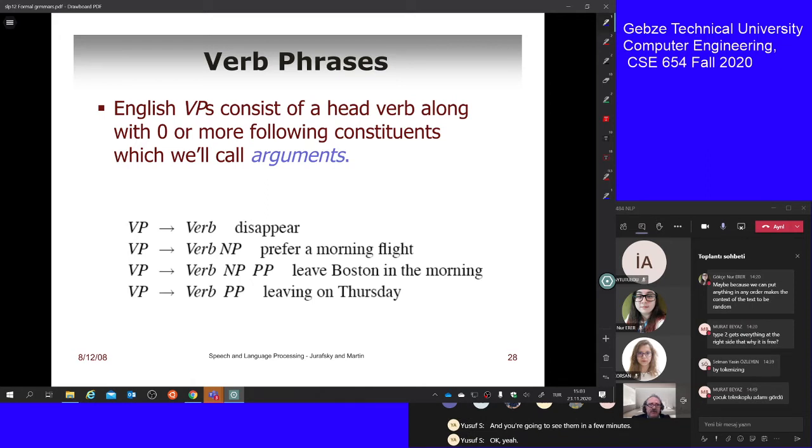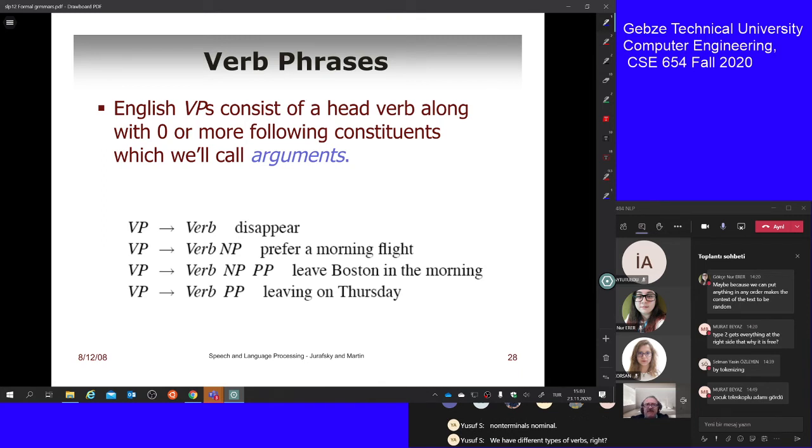Okay, let's look at the verb phrases other than the noun phrases. With the verb phrases, the problem again, the verb phrases are as complicated as the noun phrases, but instead of using that invented non-terminal of nominal, we have different types of verbs, right?